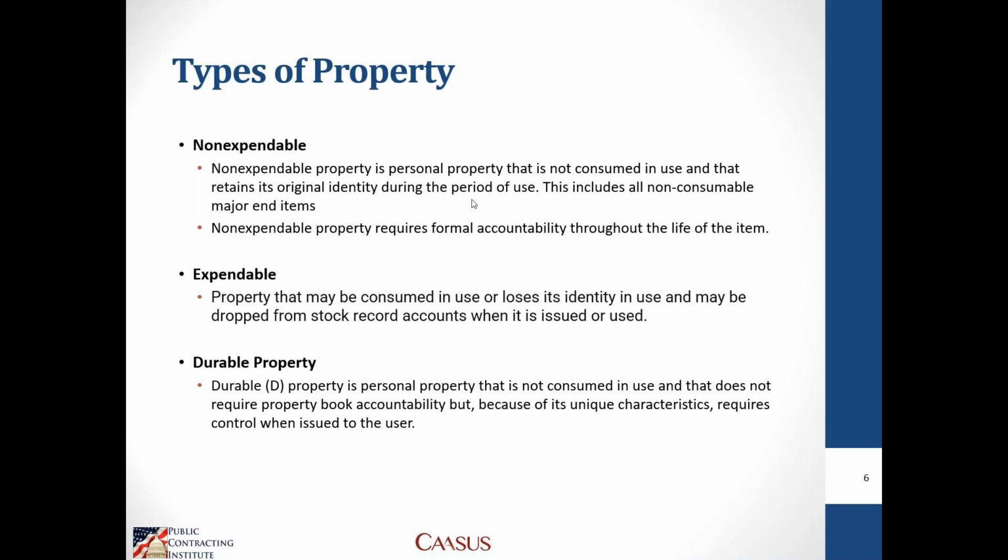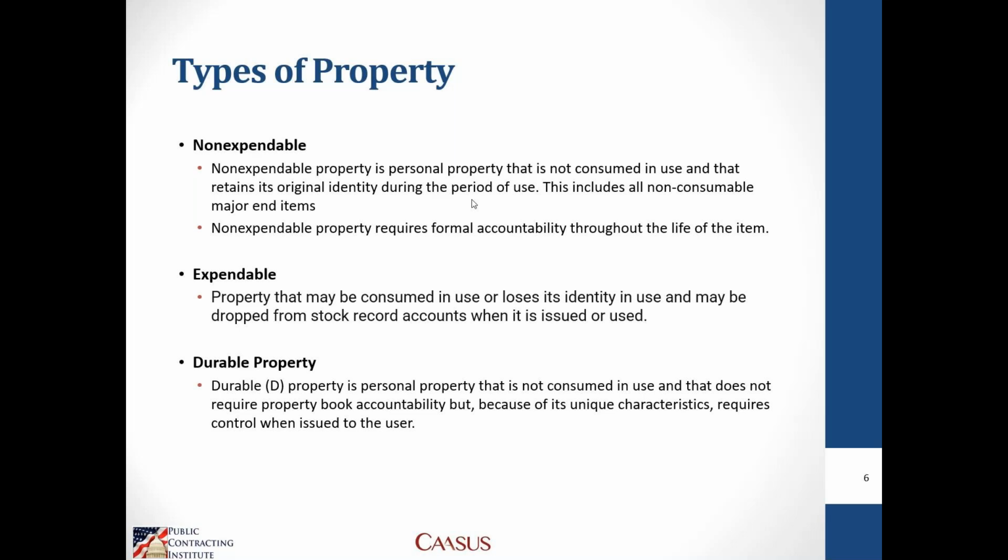That means the material is either consumed or incorporated into a higher end item during the course of its use on the contract, and so it has no unique identification after the completion of use of that particular material. Non-expendable property is property that is not consumed in use and that retains its unique identification.